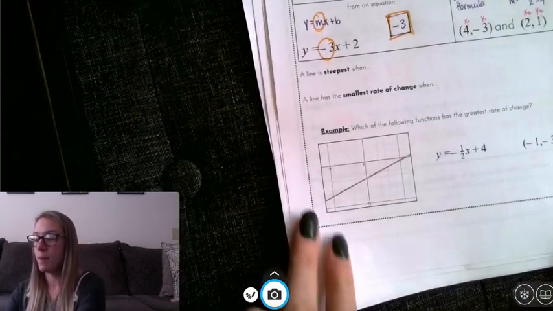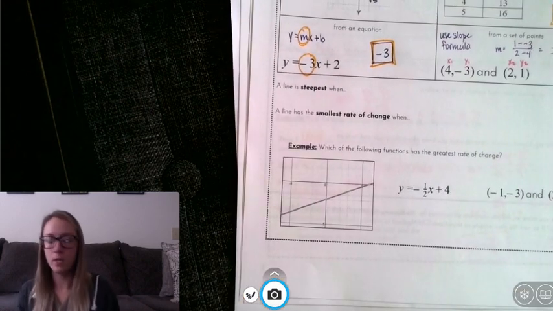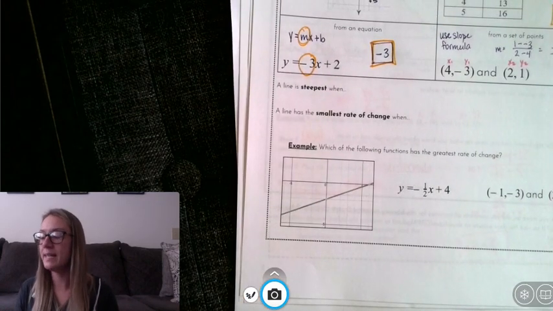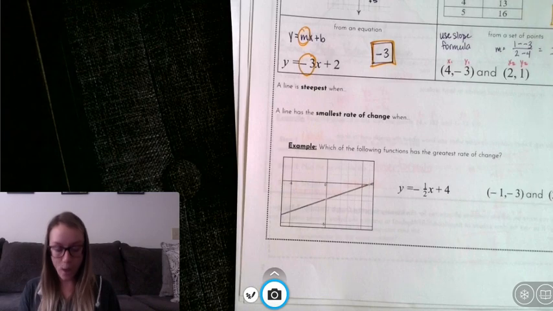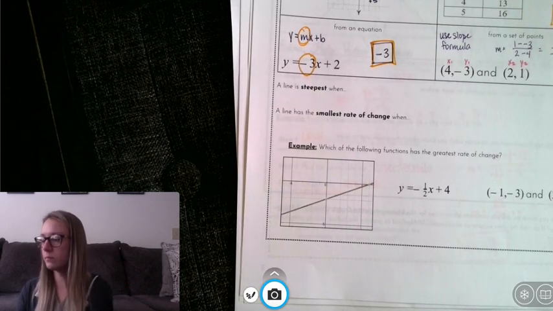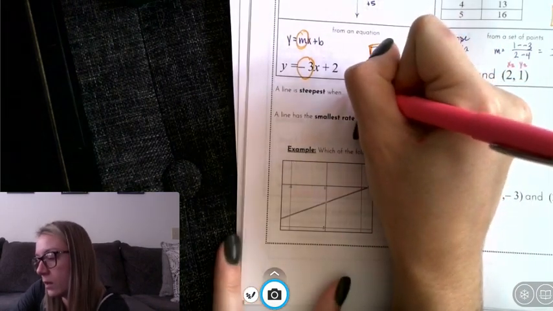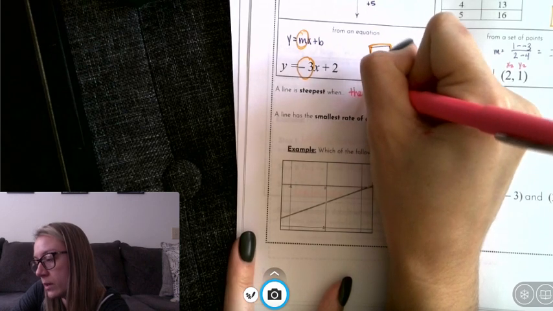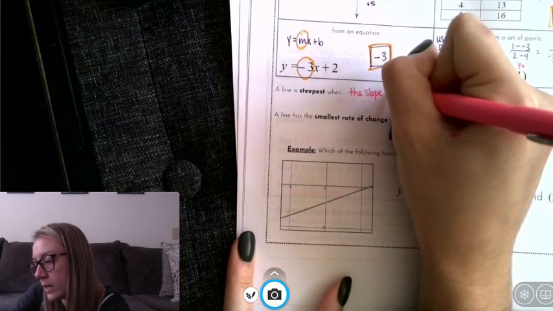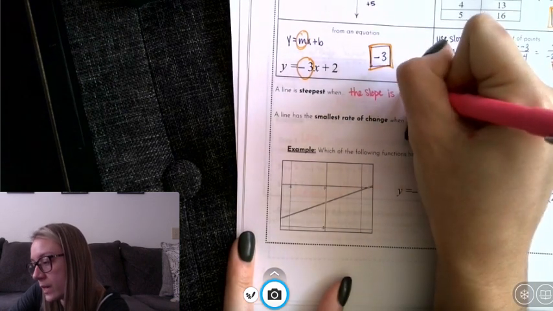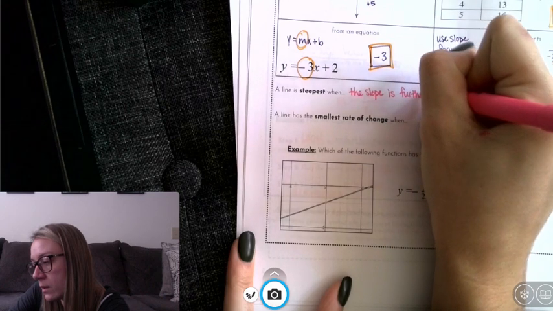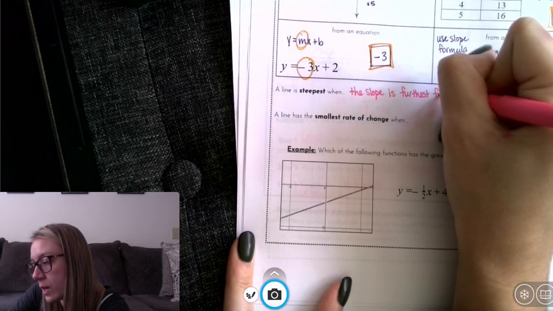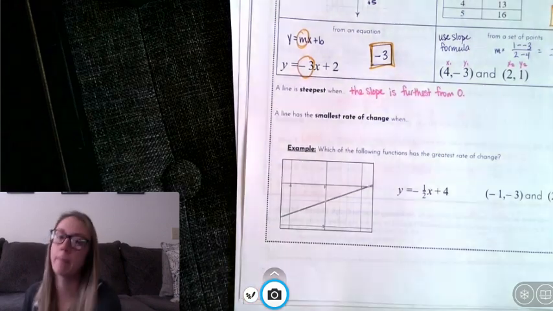So down here we're going to talk about what it means to have a steep slope. So a line is steepest when the slope is furthest from 0.